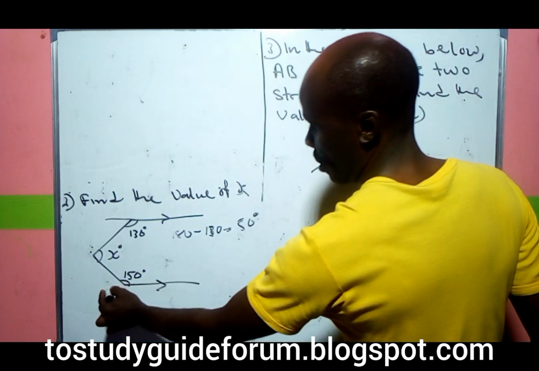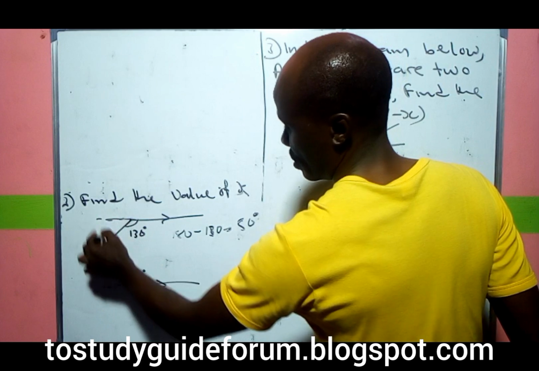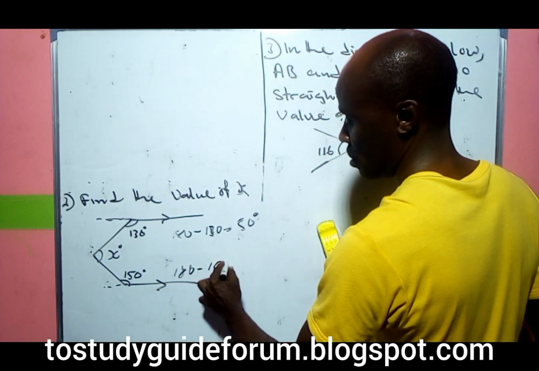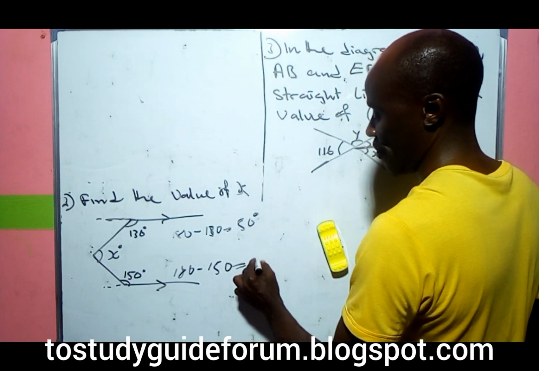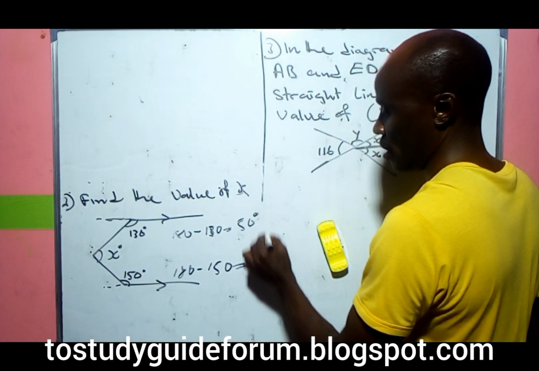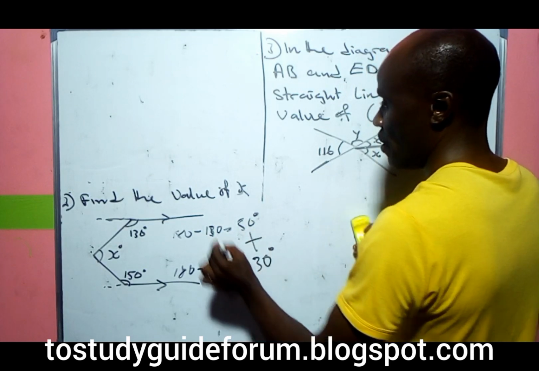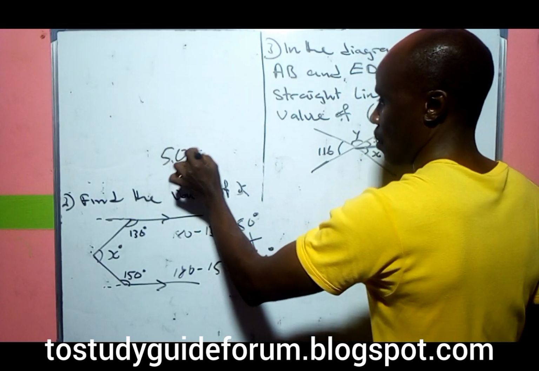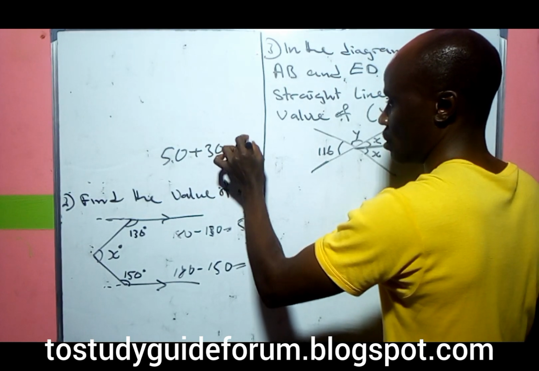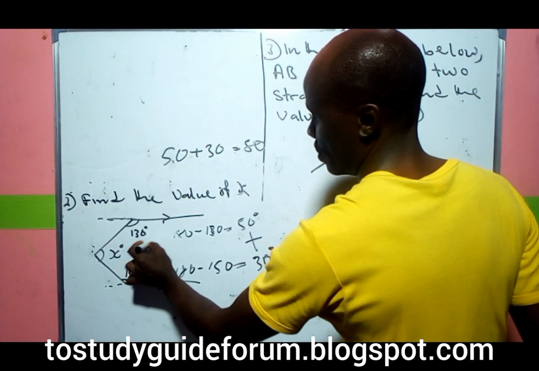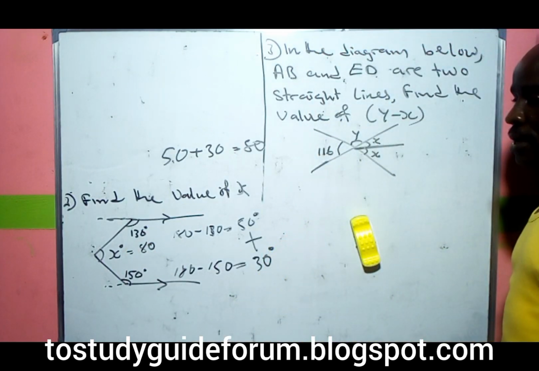This other one is also an angle on a straight line: 180 minus 150 will give us 30 degrees. Summing these two together, 50 plus 30 is equal to 80. So x is equal to 80. That is the answer.